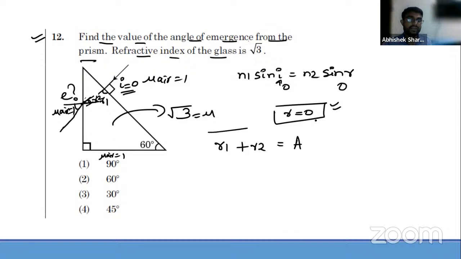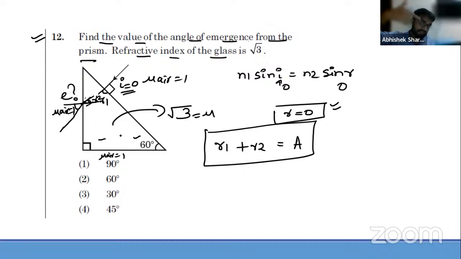We know this relation. Remember, what is the angle of prism? It's not 60 degrees. It is not 90. It is the angle between the two refracting surfaces from which the ray enters and passes away. So this will be the angle of prism. What is the property of the triangle?